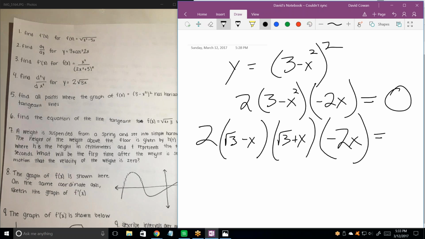And now I've got it in perfect format to find the zeros. Everything is linear. I've got the product of 4 things. I can first of all divide both sides by 2. That gets rid of that 2. Now how do I find the zeros? Give me the 3 zeros.